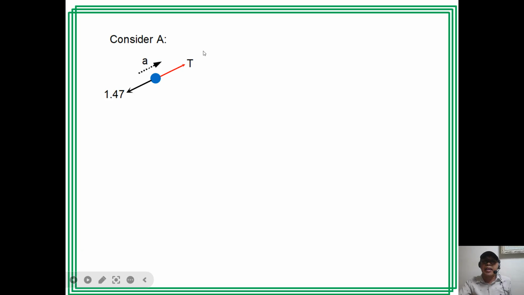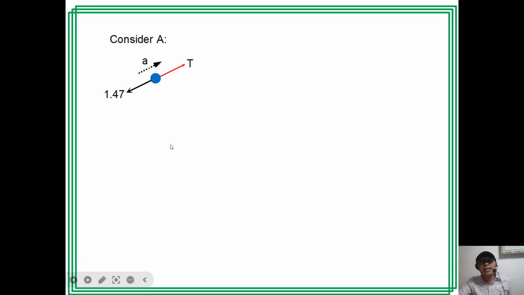If you apply D'Alembert's principle, since this will move upward, then there is a reverse effective force acting opposite to the acceleration. So, the tension here is equal to 1.47 plus the reverse effective force.